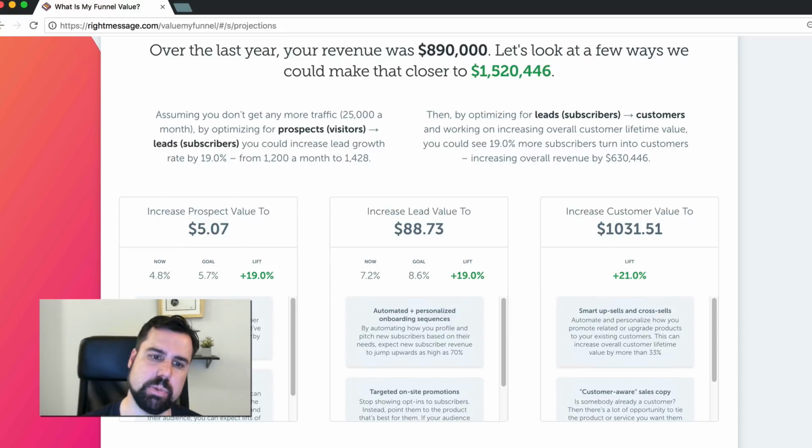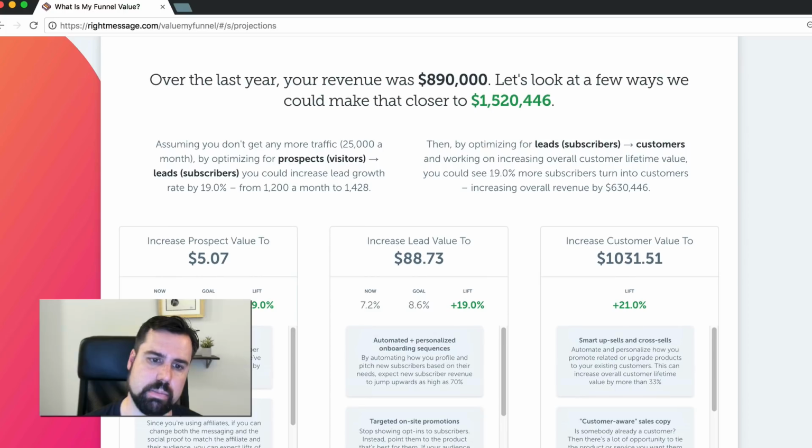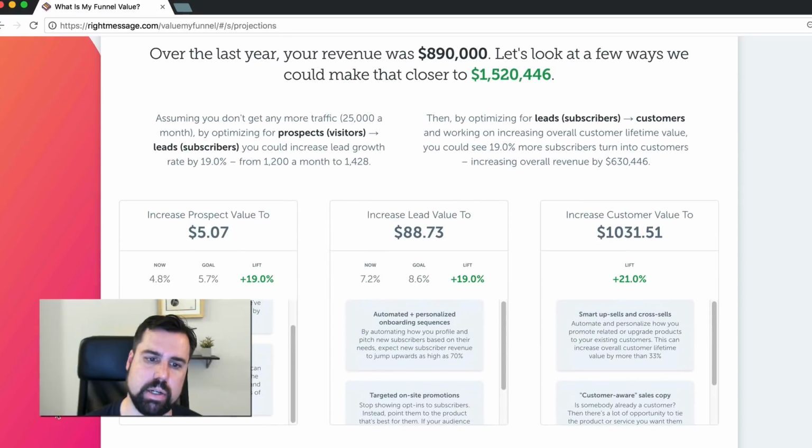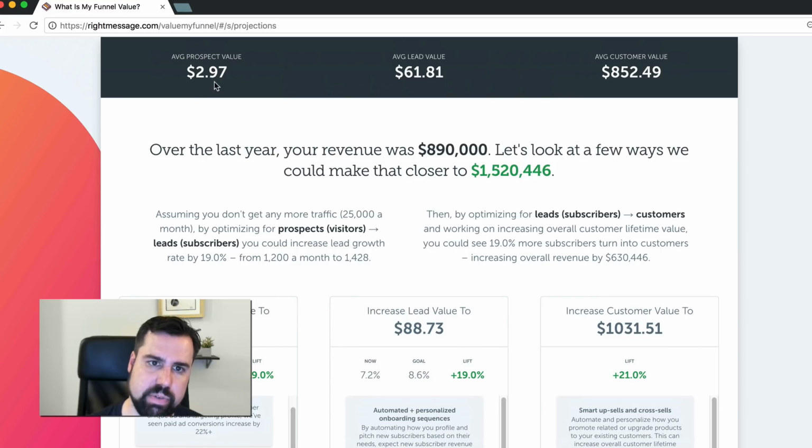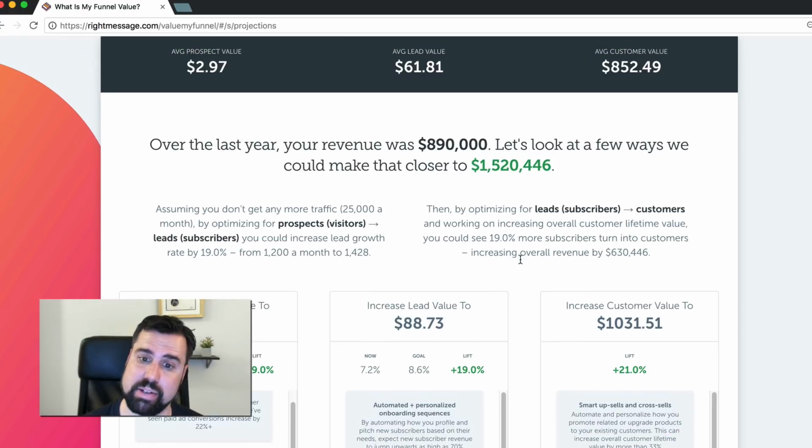And we give you some high-level ideas here about different ways to increase prospect value from $2.97 a unique visitor to my website to about $5 a visitor, and also to increase the value of a subscriber, of a lead, from about $61 or $62 to $88. And then average customer value, how do we get that from $850 to closer to $1,000?